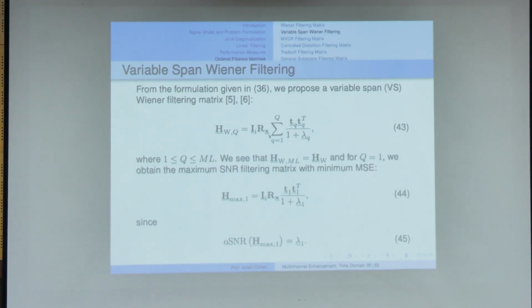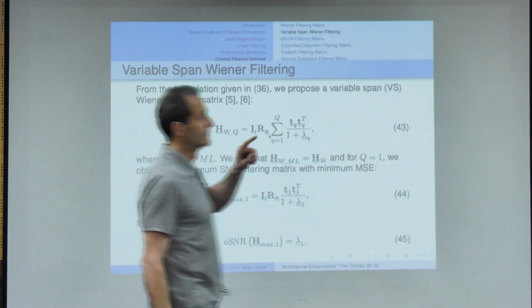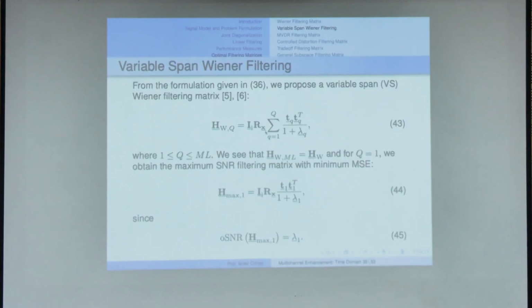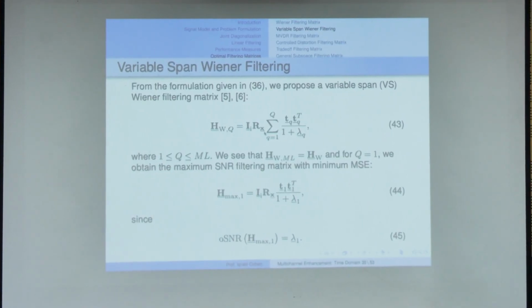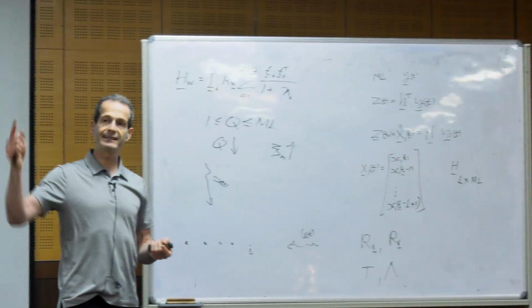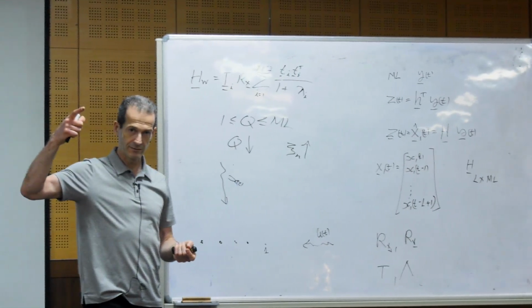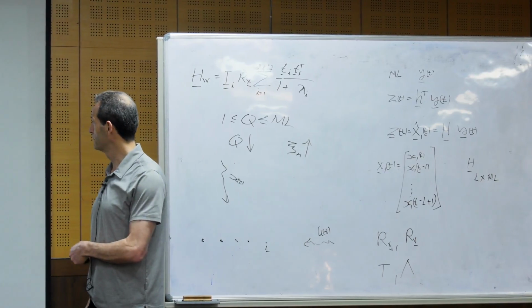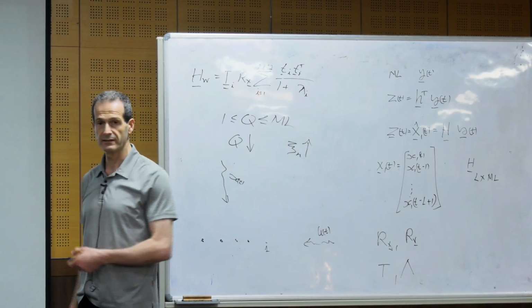Why? Because we obtained it with the Wiener filtering matrix, and then we take the Wiener filtering matrix and we take only the first component. So it's both the maximum SNR and the free parameter, just like in the single channel, is the one that obtains minimum MSE.